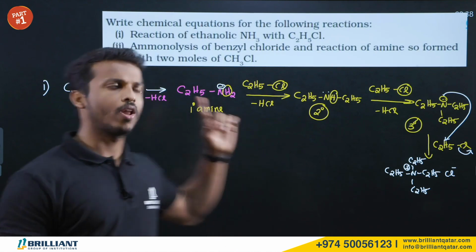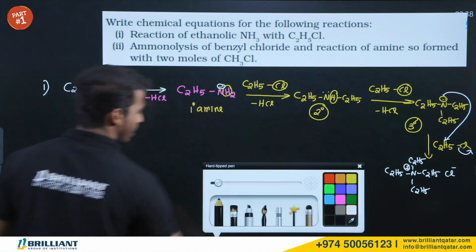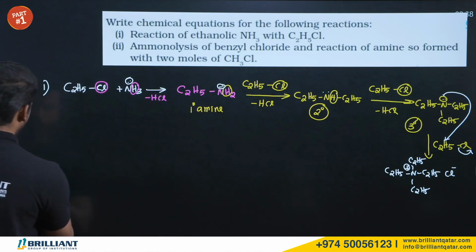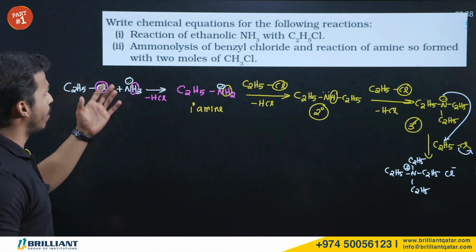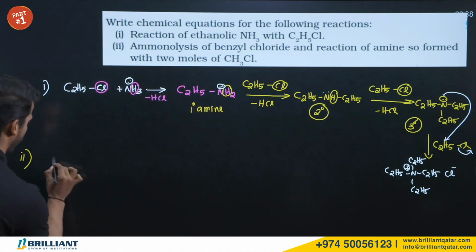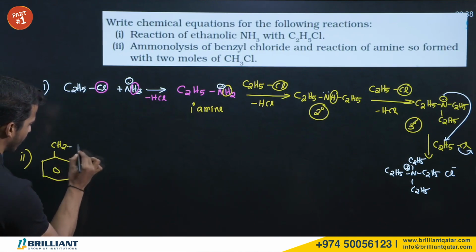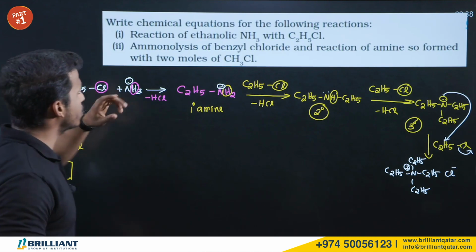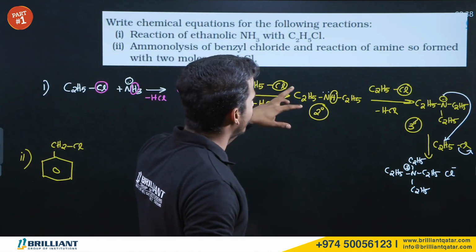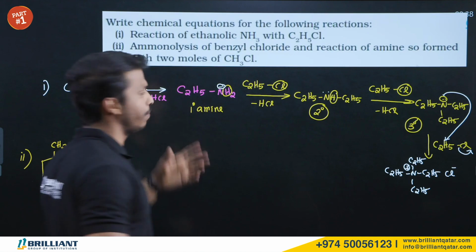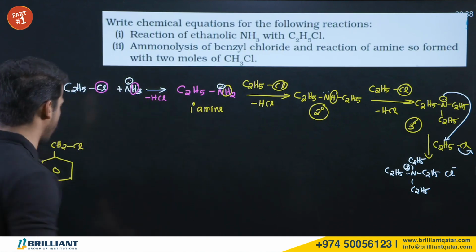What is that point? All of you should look into the second question. In the second question, they are starting the same thing, ammonolysis of benzyl chloride. What is benzyl chloride? You know, benzene with CH2Cl is called benzyl chloride. Ammonolysis of benzyl chloride and reaction of the amines so formed. So let me make the amine which is going to form first.